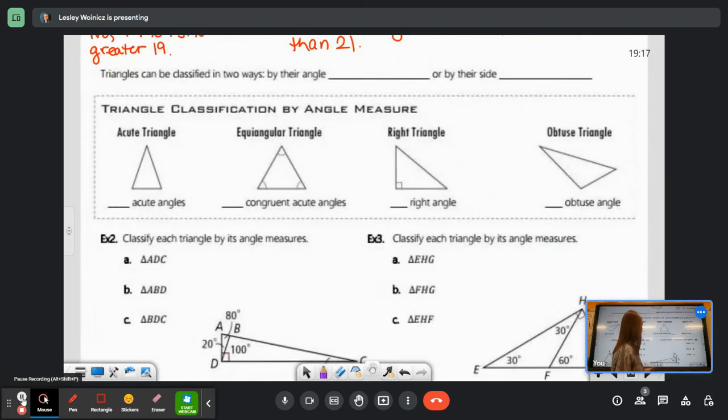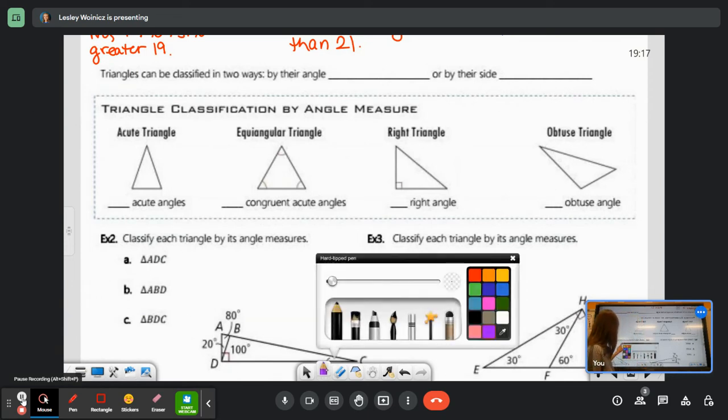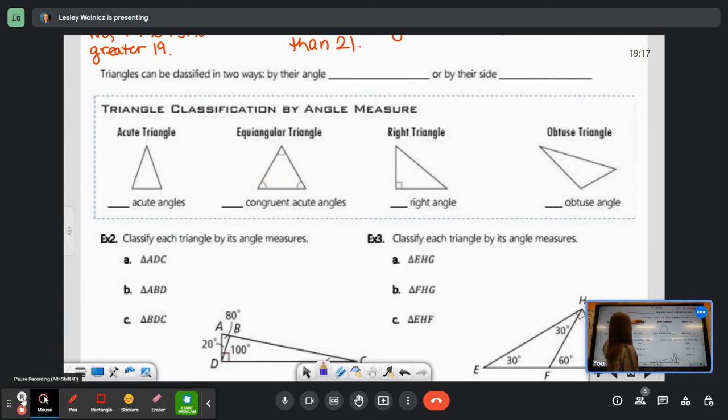Triangles can be classified in two ways. We can go by their angle measures or by their side lengths. And as you can tell, we're going to talk about angle measure first. Okay, so acute triangles need 3 acute angles.